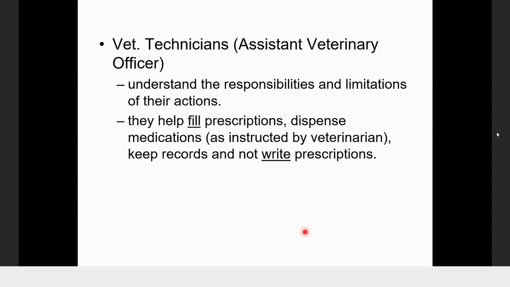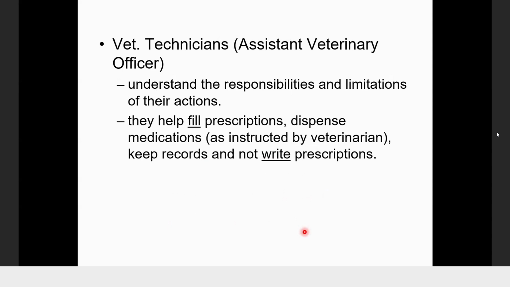So veterinary technicians or assistant veterinary officers, they understand the responsibilities and the limitations of their actions. So they help to fill in the prescriptions. Okay, dispense, but the instruction must come from a veterinarian.